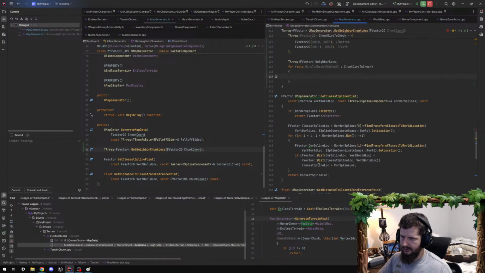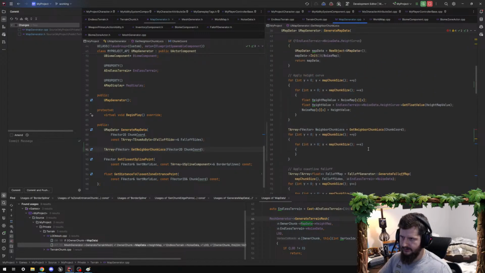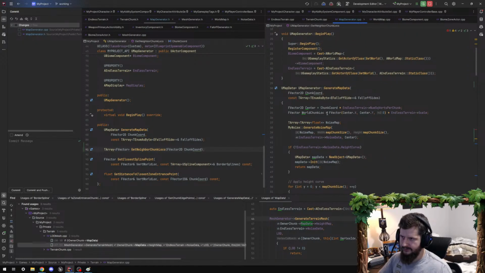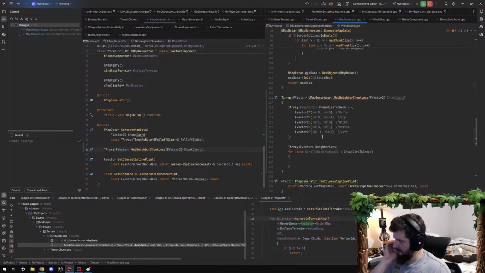And then I have a world chunk location calculation somewhere. There it is. Times num squared verts per chunk times scale. Okay.